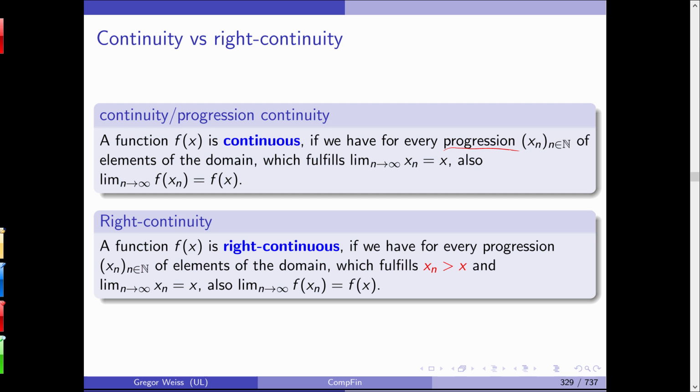Aber in unseren Fällen würde ich sagen, Folgenstetigkeit ist Stetigkeit. Ich überlege gerade, ob es irgendwelche pathologischen Beispiele gibt. Ich glaube, in normierten Räumen ist es auch so. In den üblichen reellen Zahlen, auch in den komplexen Zahlen, ist Folgenstetigkeit nur Stetigkeit.